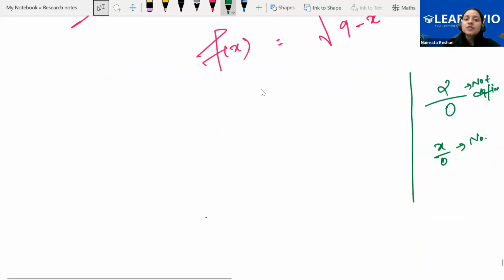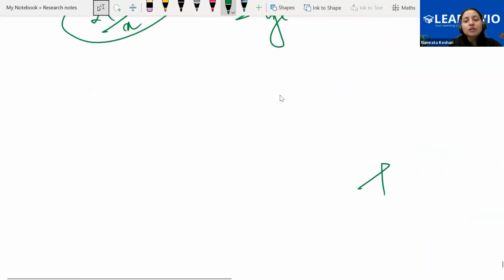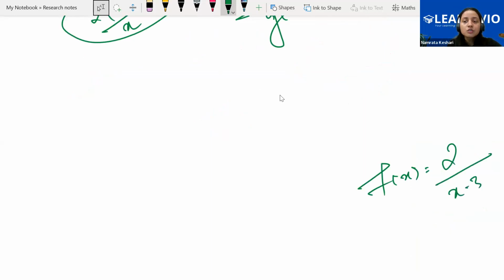Suppose we are having a function f of x is equal to 2 by x minus 3. Can you tell me what is that x value which can make the denominator 0 over here?